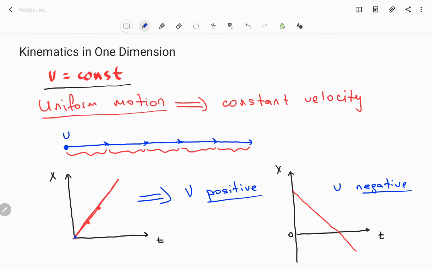So let's summarize this part quickly. In a position-time graph, if you have a straight line, it means we are talking about uniform motion with constant velocity. As you know, velocity is a vector, direction is very important.